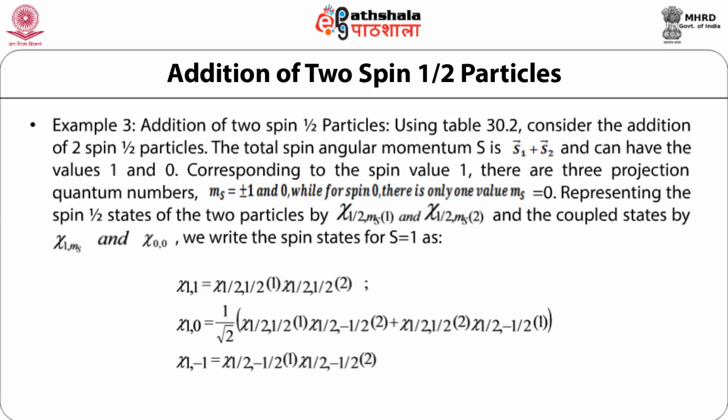Now representing the spin half states of the two particles by xi half comma ms1 and xi half comma ms2, and the coupled states by xi subscript 1 comma ms and xi 0 comma 0, we write the spin states for s equal to 1 as xi subscript 1 comma 1 is equal to xi subscript half comma half particle 1 times xi subscript half comma half particle 2.